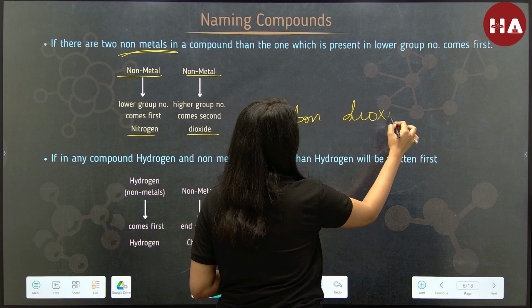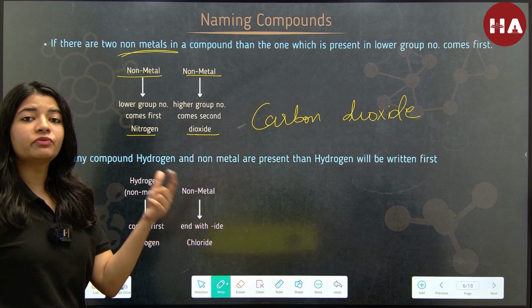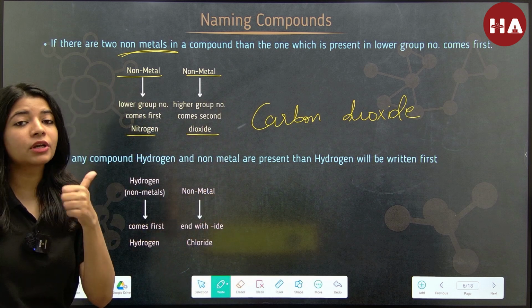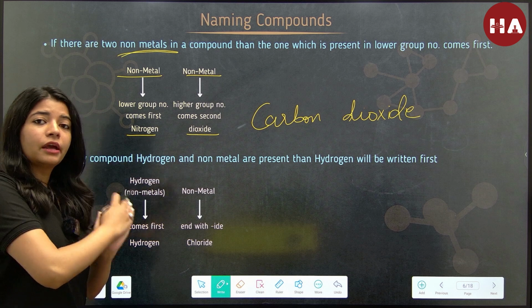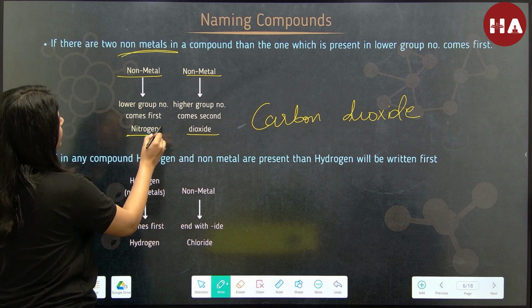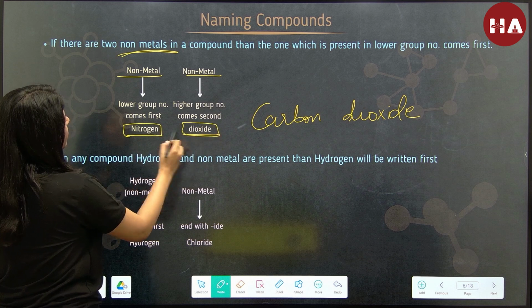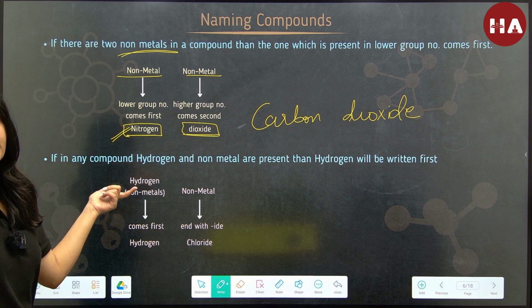Oxygen and carbon are both non-metals, but which one will we mention first, oxygen or carbon? We will mention carbon first. Why? Because it occurs earlier than oxygen group-wise, right? Or a similar case, nitrogen and oxygen, so we will mention nitrogen first because it has a lower group number, so it will be written first.